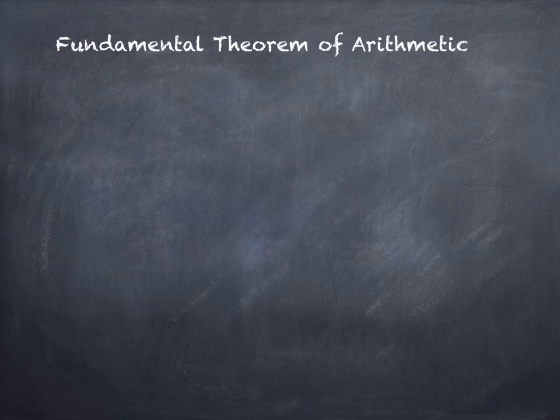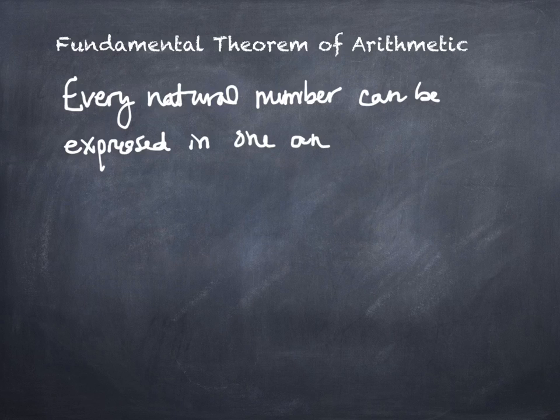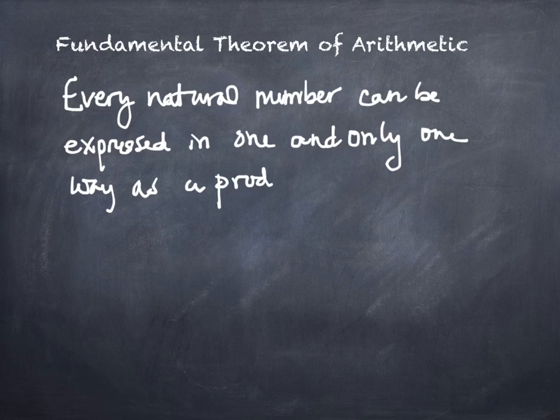And here we go. This says that every natural number can be expressed in one and only one way, as a product of primes.